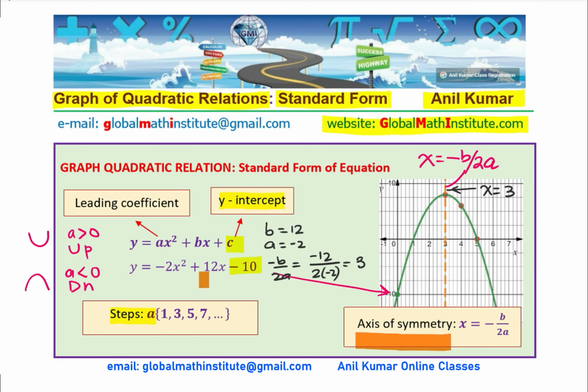So starting with the basics, we understand that standard form of this equation gives us the y-intercept in the form of the constant, b relates to the axis, and a relates to the steps and direction of opening. All this combined gives you a parabola with minimum calculations.